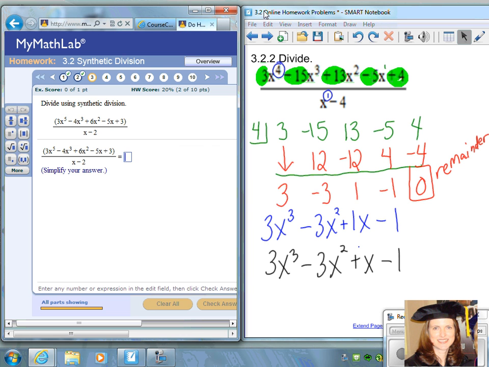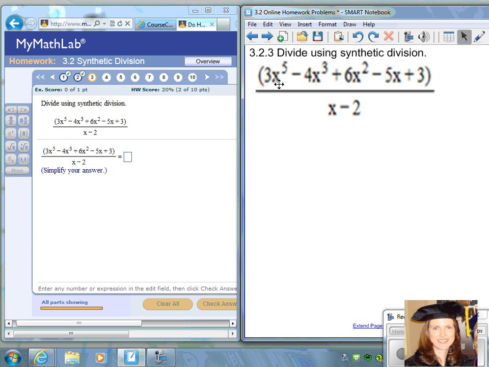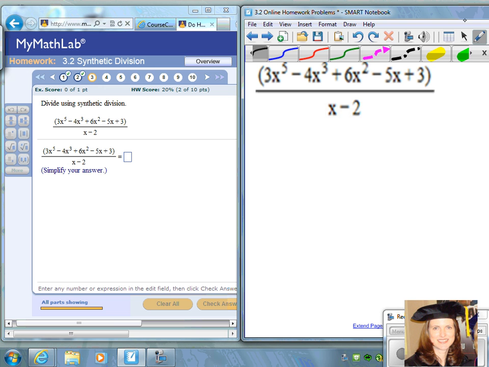Okay, let's look at number 3. We're dividing 3x to the fifth minus 4x to the third plus 6x squared minus 5x plus 3. When you set this one up, you do want to make sure you have all those powers of x.